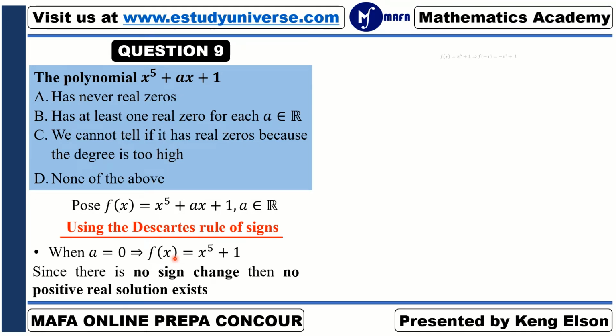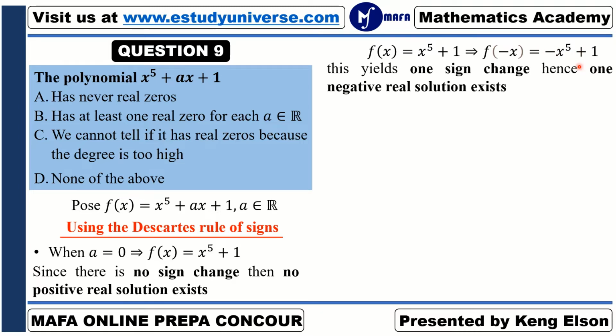Follow keenly. We find f of negative x, and you clearly see how many sign changes are there. There is one sign change, from negative to positive. So it means that there is one negative real solution, because there is one sign change in f of negative x. In conclusion, there is no positive real solution and there is one negative real solution.